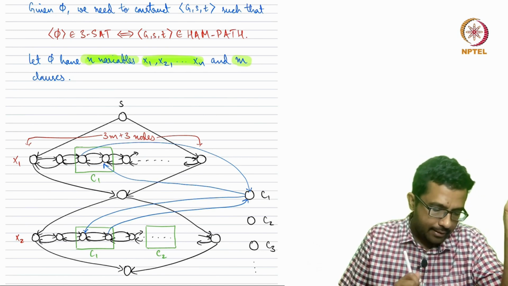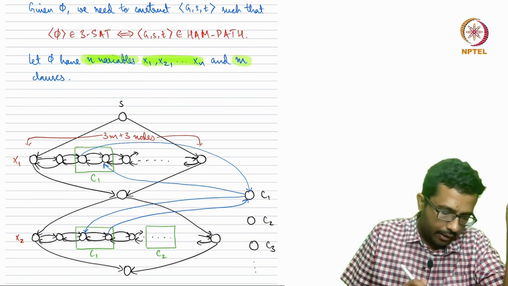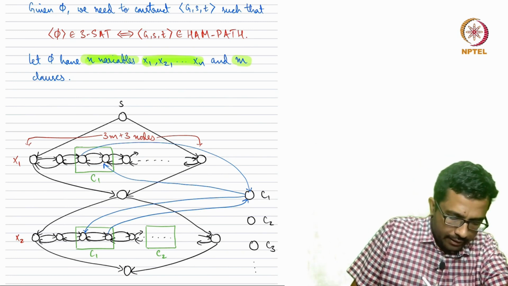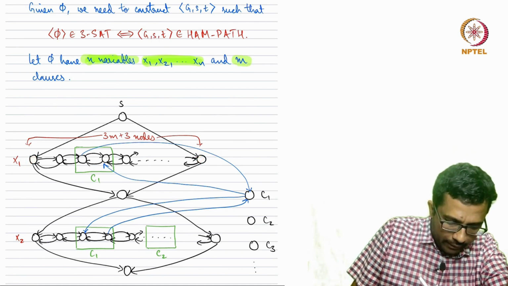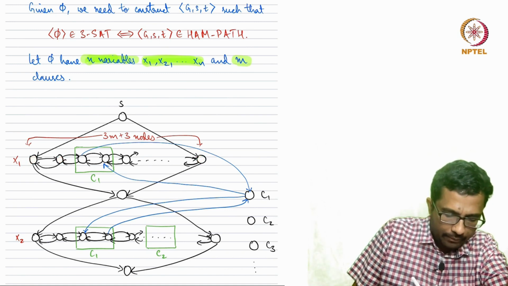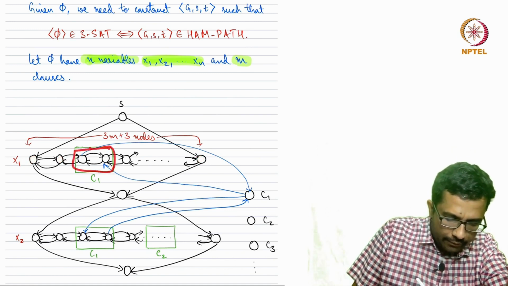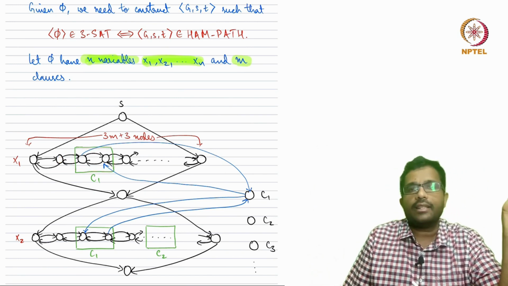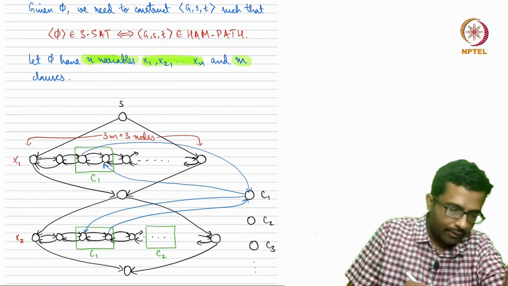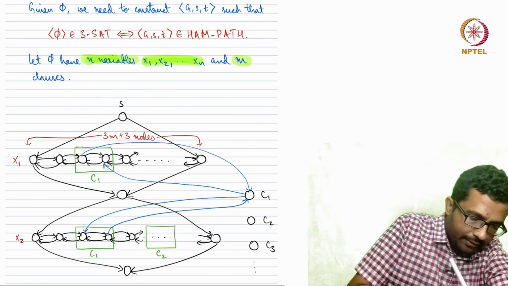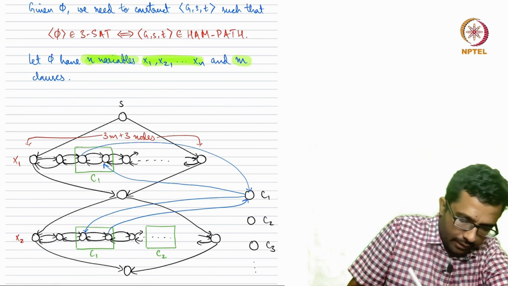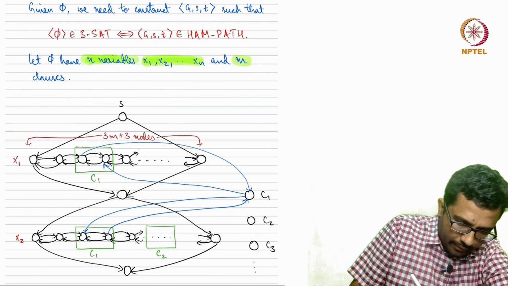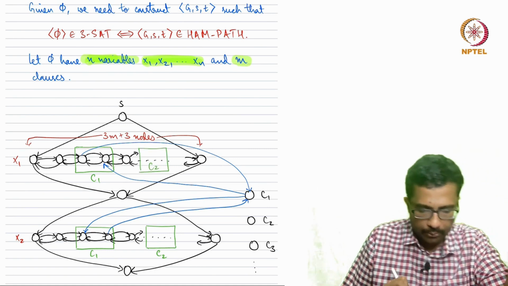And why 3m plus 3? I will explain briefly. There are two endpoints here. After the endpoint, we skip one vertex, and the next two vertices we call a group corresponding to C1, where C1 is the clause. And then we skip another vertex, and the next two vertices correspond to the clause C2.